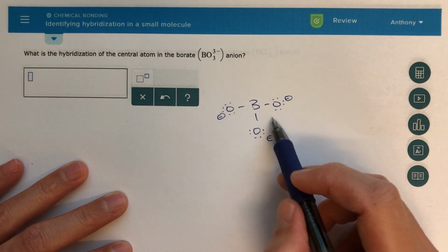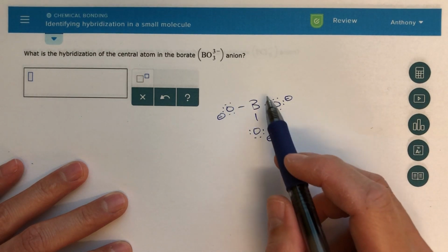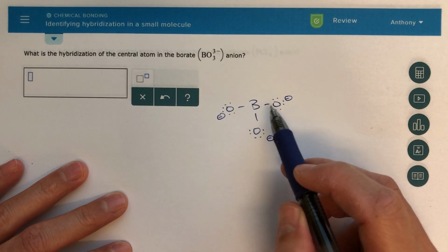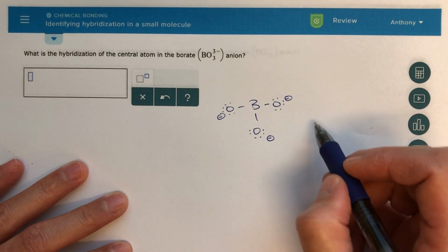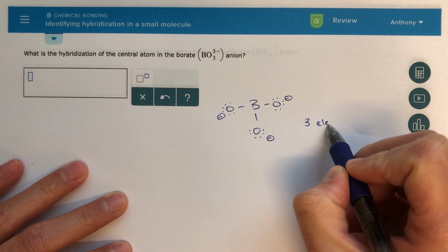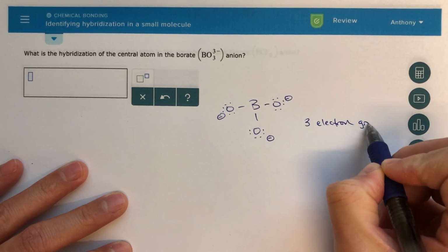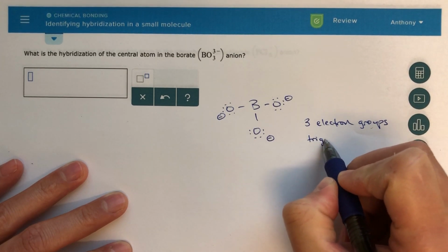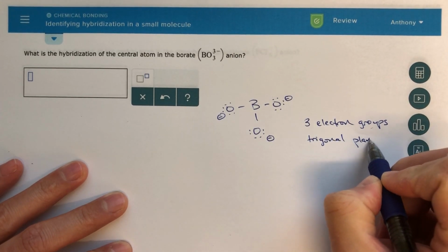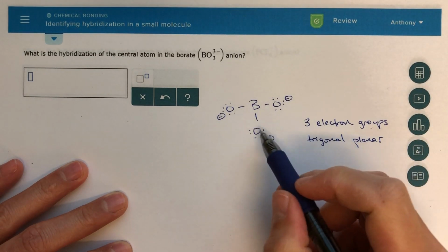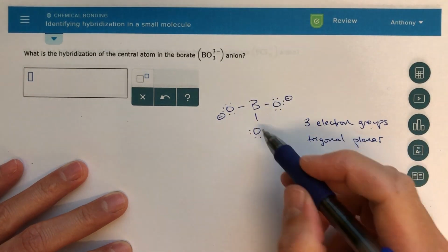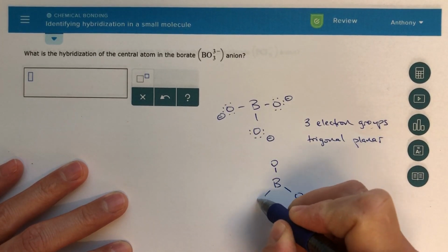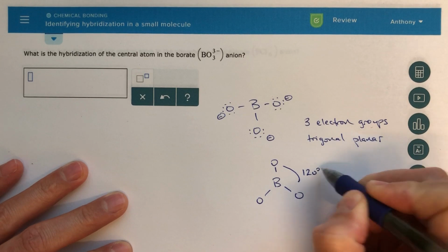So the next thing I'm going to think about is the electron geometry. Around boron, the electron geometry is going to be based off of the number of electron groups around that boron. There's going to be 3 electron groups. And so that's going to be a trigonal planar arrangement of those groups. If I drew this in the proper orientation, I would have boron, oxygen, oxygen, oxygen with 120-degree angles.